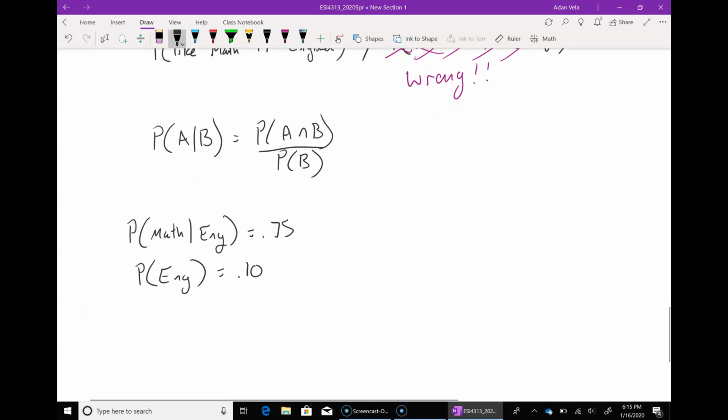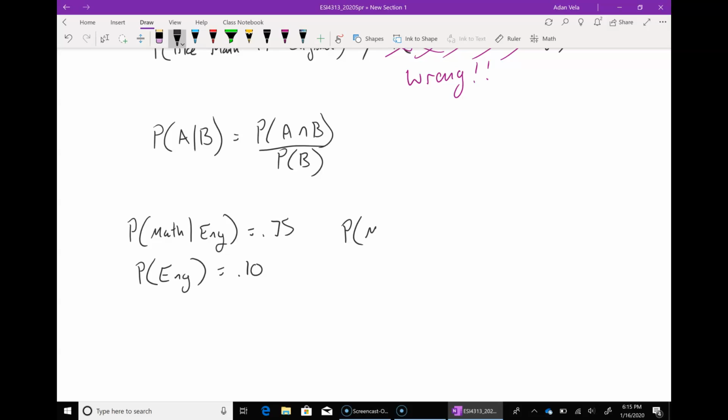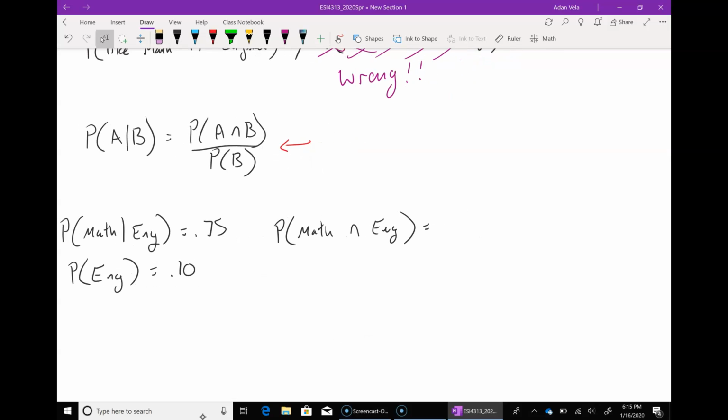Okay? So if I wanted to calculate the probability of liking math and being an engineer, I could just rearrange terms in our conditional probability equation to get that answer. That's just going to be equal to the probability that you like math, given you're an engineer, times the probability you're an engineer. So in this case, it would just be 0.75 times 0.10, which is 0.075.